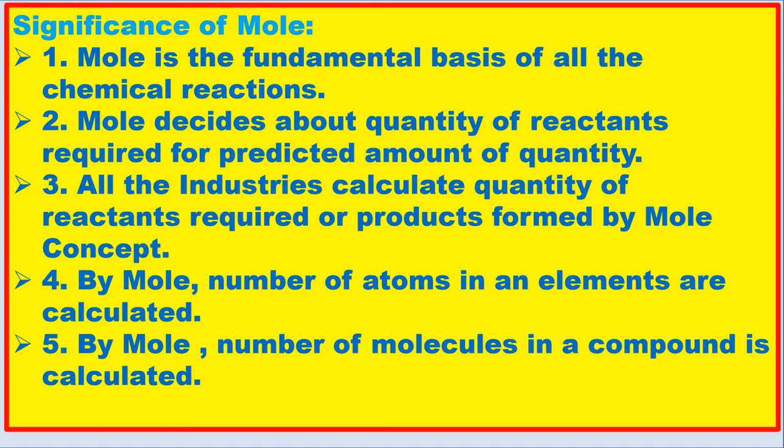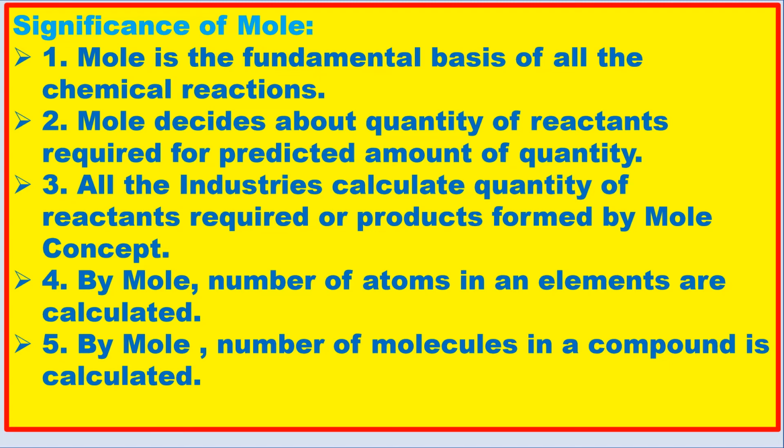Suppose we are taking a reaction, N2 plus 3H2 is equal to 2NH3, that is 1 mole of nitrogen and 3 moles of hydrogen are giving 2 moles of ammonia. So suppose we wish to get 4 moles of ammonia, how much quantity of nitrogen and hydrogen will be required? There will be 2 moles of N2 and 6 moles of H2.